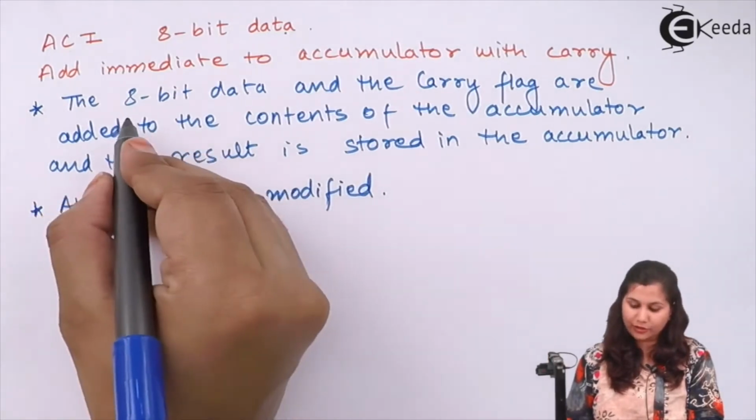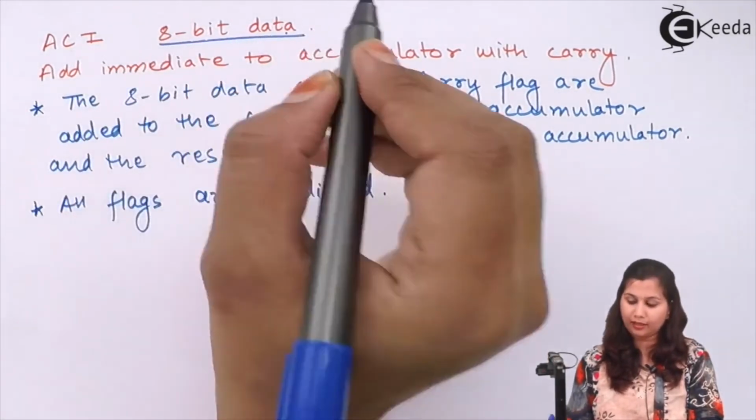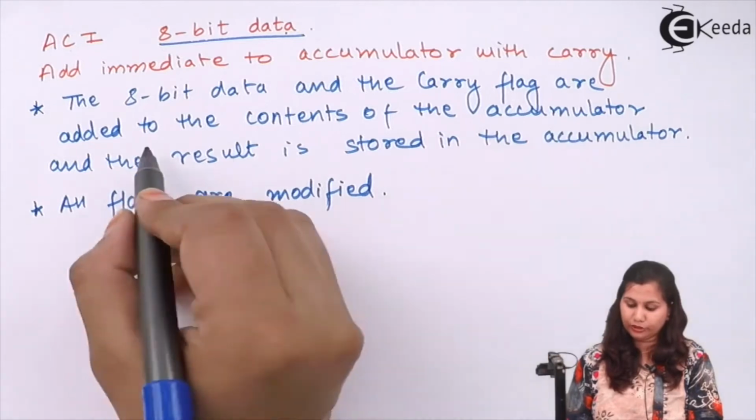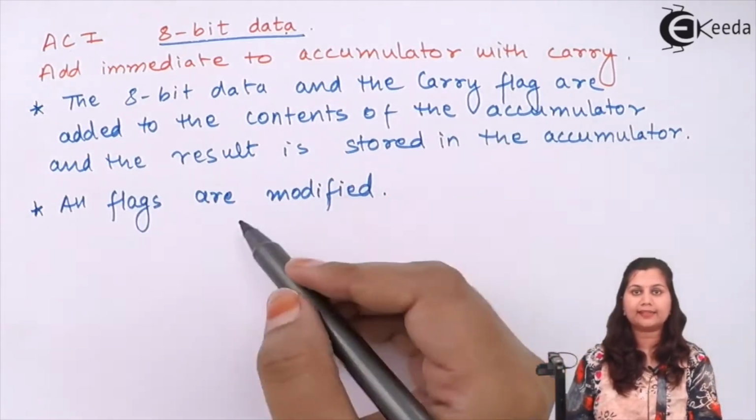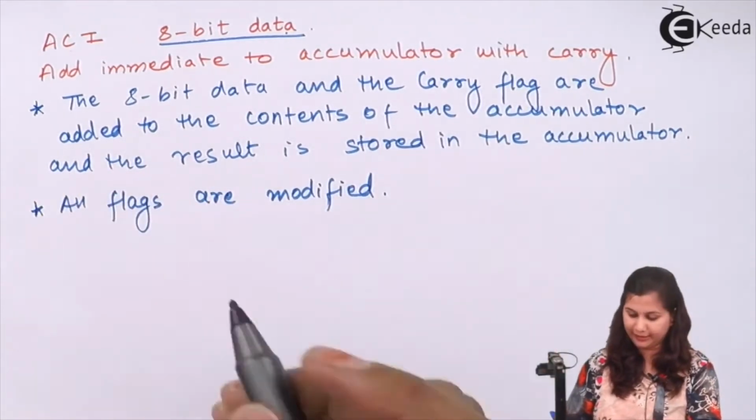So this instruction is adding this 8-bit data along with the carry flag to the contents of the accumulator, and the result is stored in the accumulator itself.